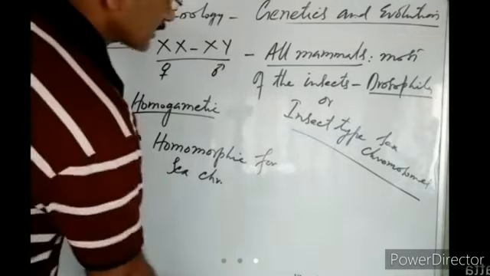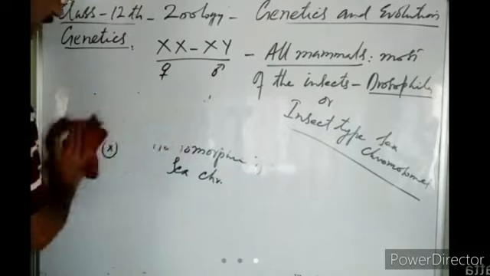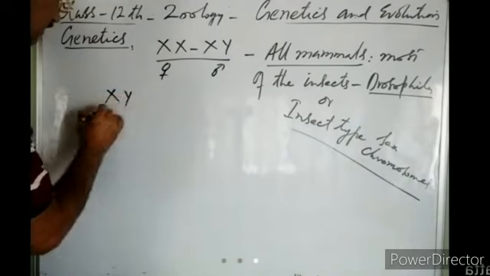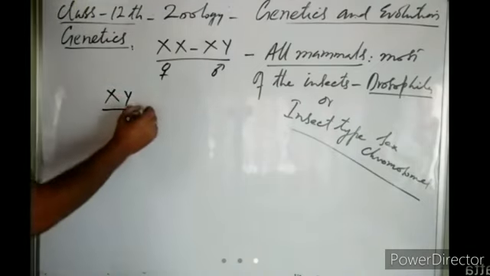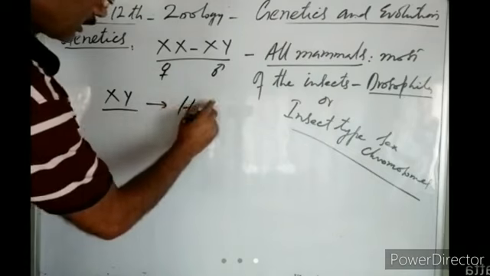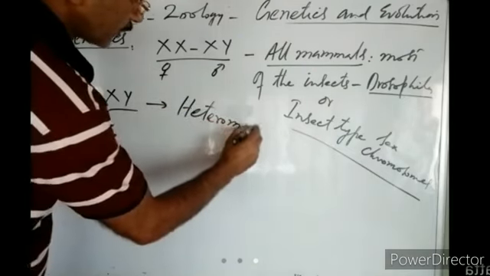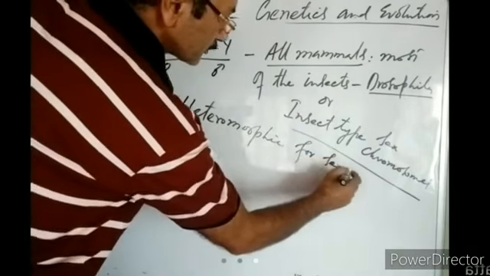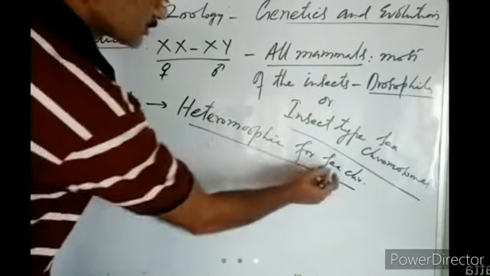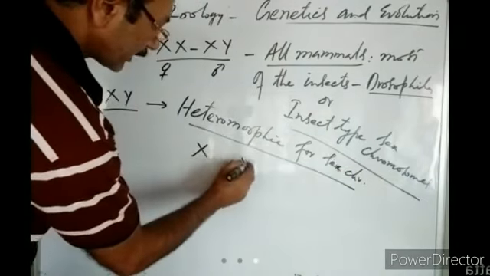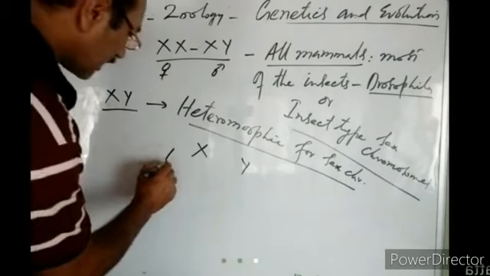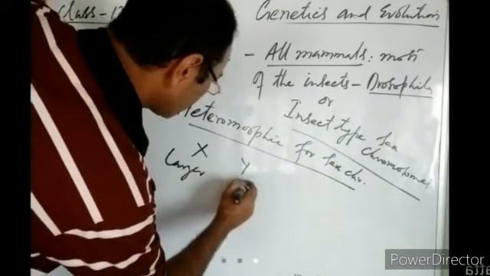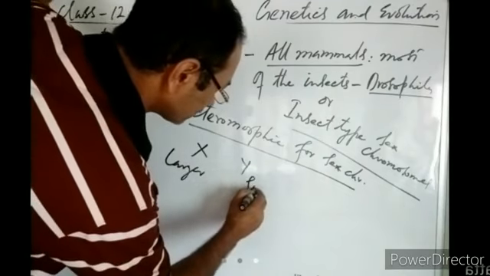Now, if we look at the males in XX-XY condition, the males are first heteromorphic for sex chromosome. A male has two sex chromosomes, X and Y. This X is a larger sex chromosome. In contrast, the Y chromosome is smaller.